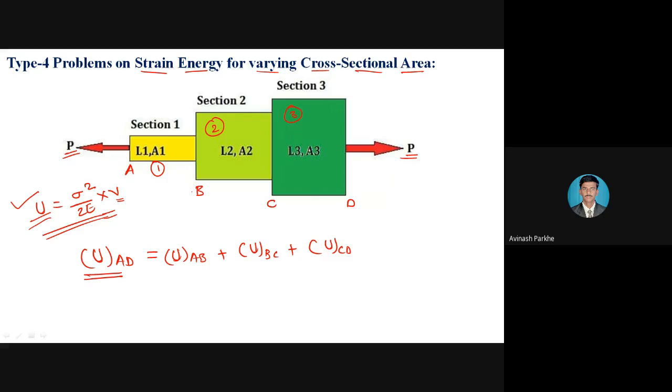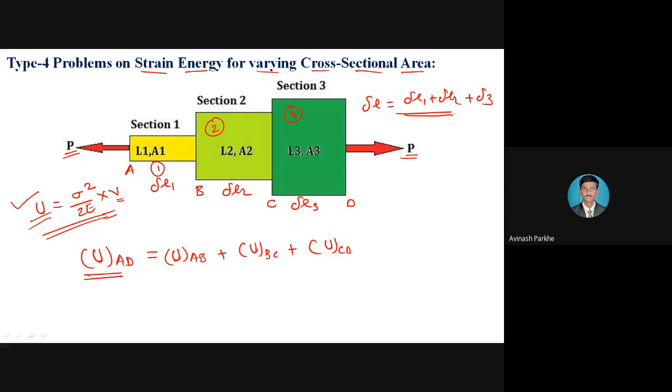In chapter number 1, we calculated the deformation. To calculate the total deformation of this bar, I calculated delta L1 for section 1, delta L2 for section 2 and delta L3 for section number 3, and the total deformation is equal to delta L1 plus delta L2 plus delta L3.